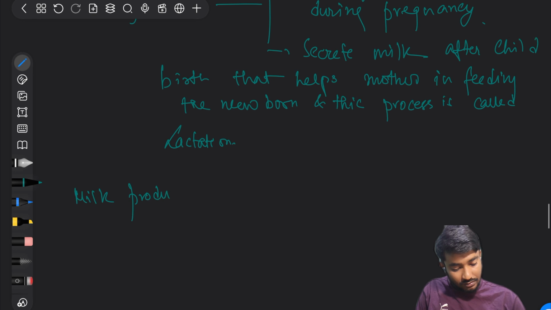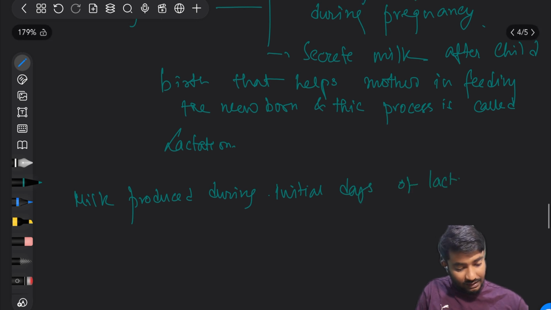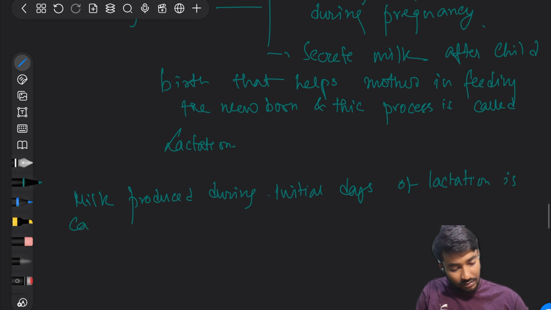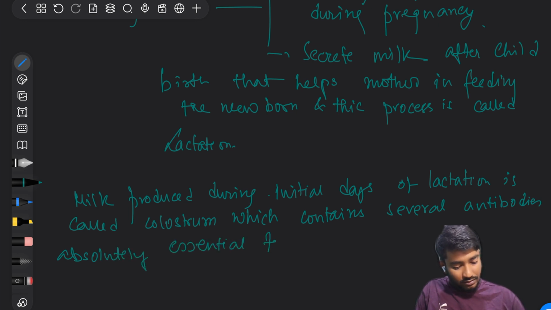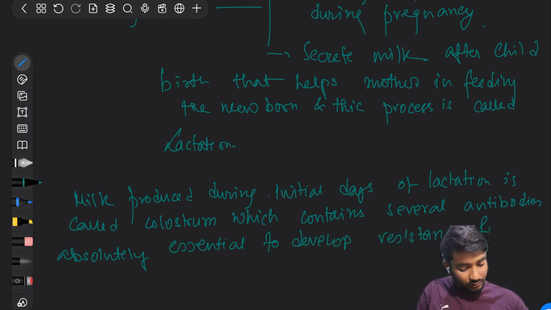Milk produced during the initial days of lactation is called colostrum, which contains several antibodies absolutely essential to develop resistance for the newborn babies.